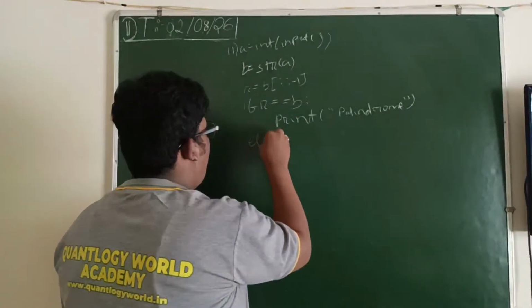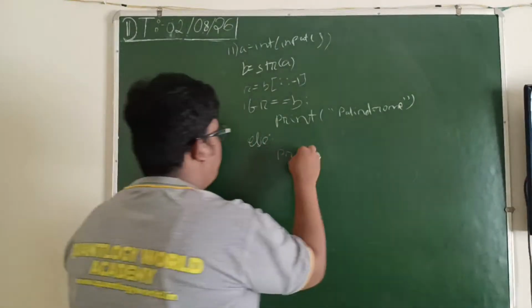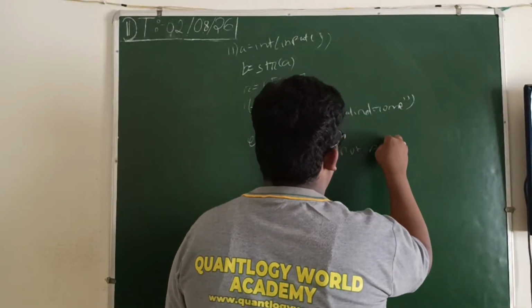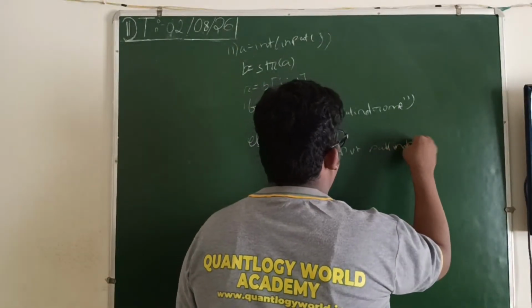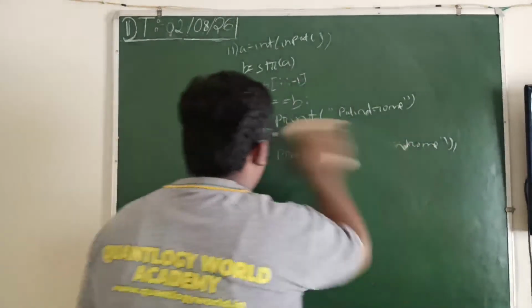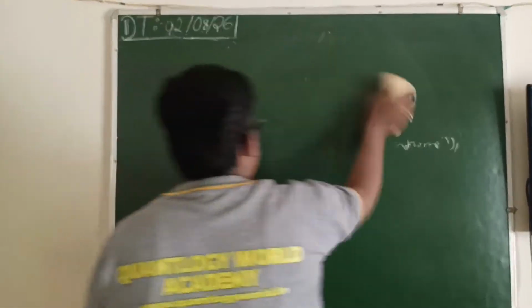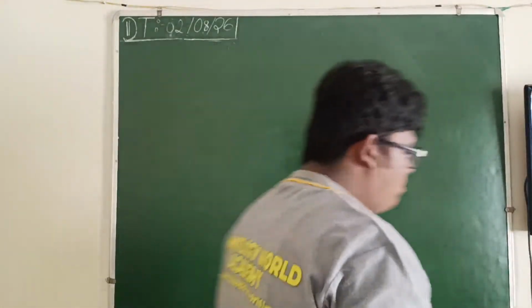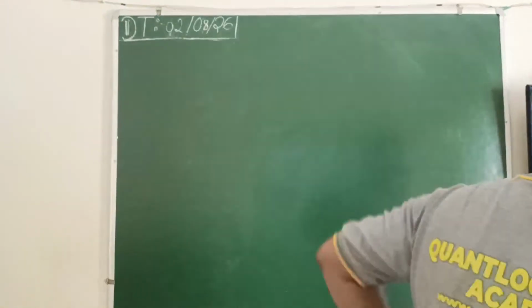Else print not palindrome. Okay. This is the simple logic behind the program. It is also very easy and very important also.